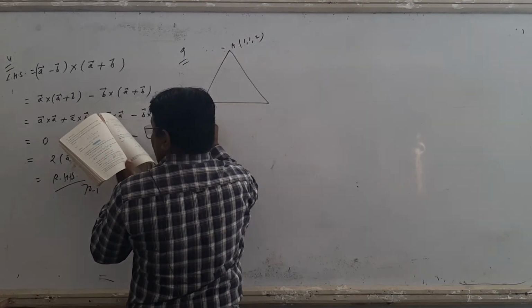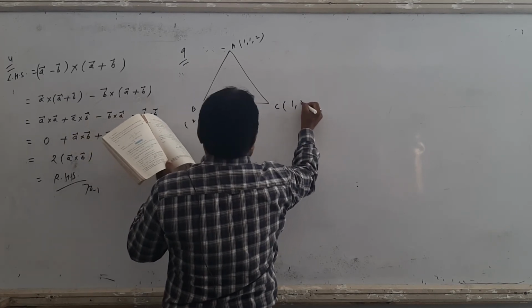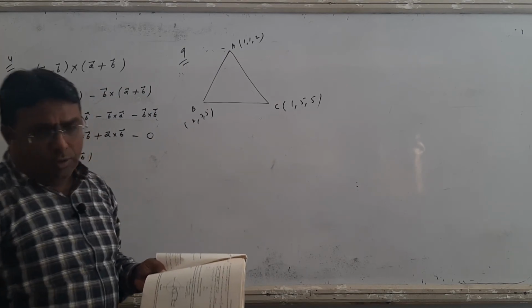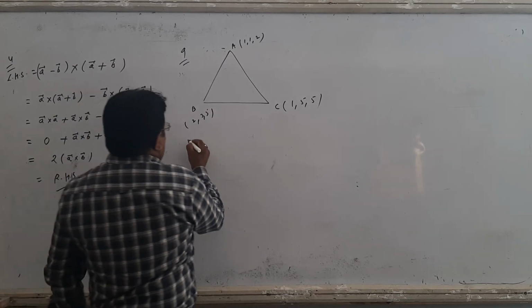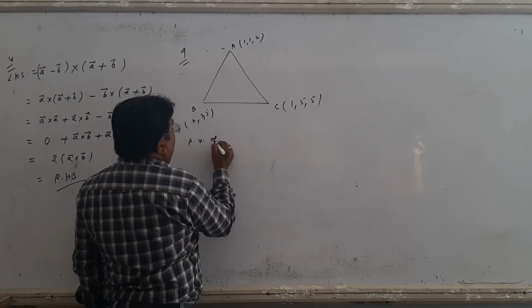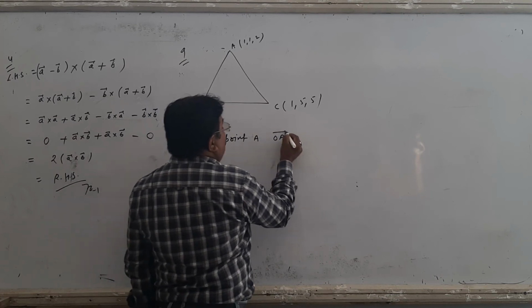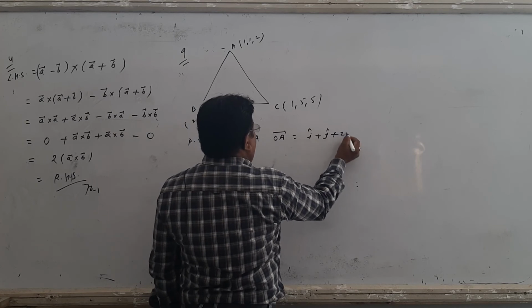Point A is 1, 1, 2, point B is 2, 3, 5, and point C is 1, 5, 5. First, write them in vector form. The position vector of point A, vector OA, is 1 i cap plus 1 j cap plus 2 k cap.